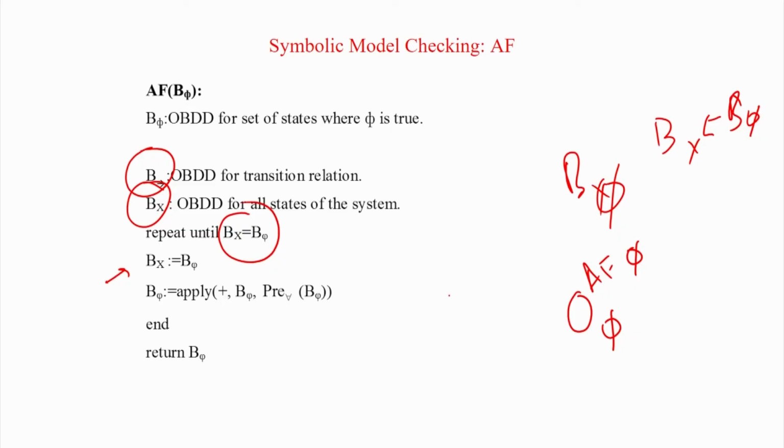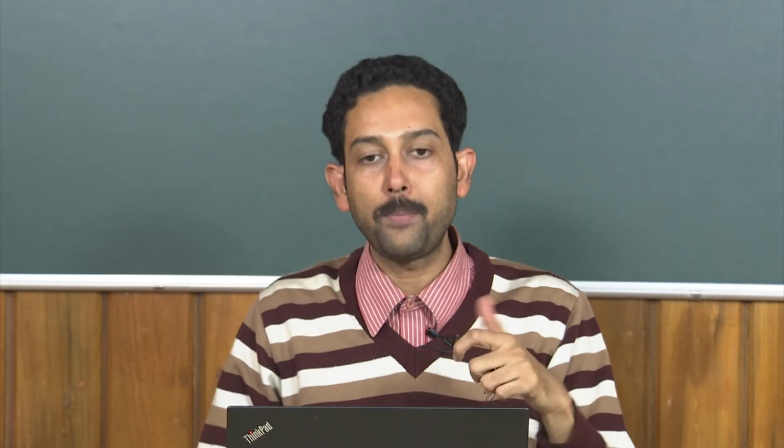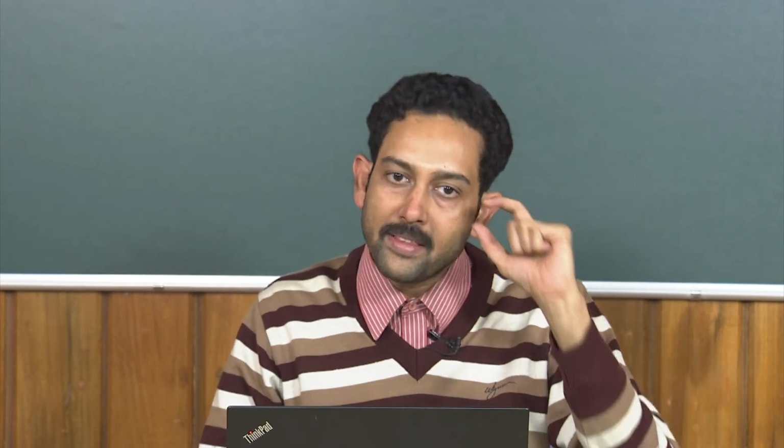Next, now this is done, you have to see this formula, or this way of calculating symbolically, because of pre-of-all, that is, pre existential and pre for all. These are the two basic structures which will be used for symbolic model checking. We have already discussed in the last lecture how pre existential and pre for all are calculated.